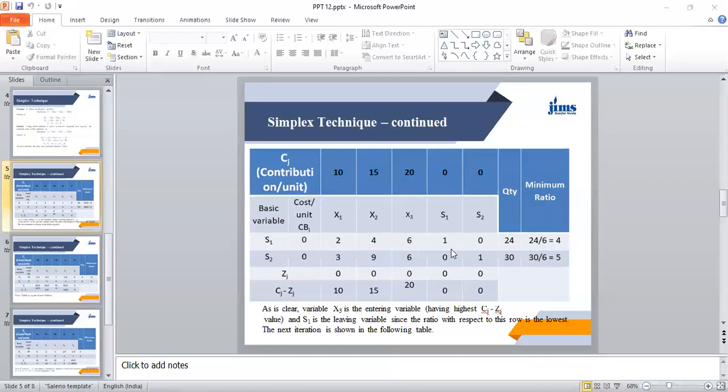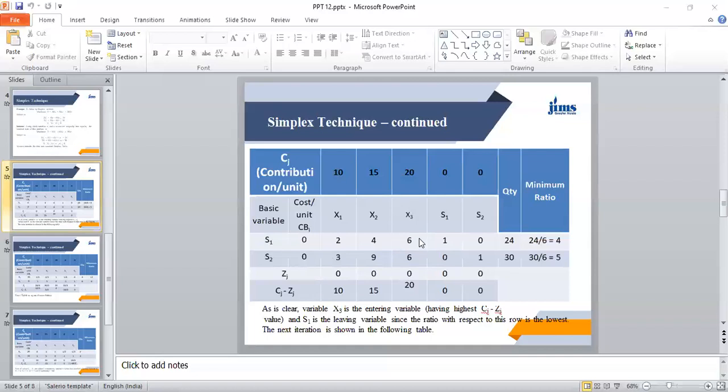So you have understood key column and key row, and the intersection of key column and key row is known as the key element. So here 6 is the key element, because this is the key column and this is the key row. This is the intersection of key column and key row.